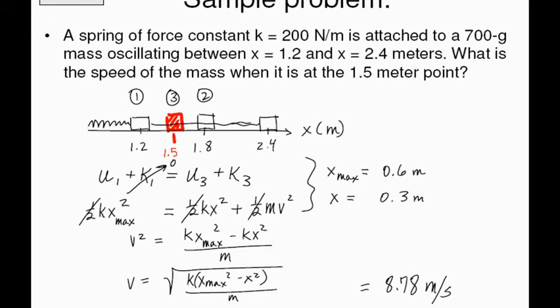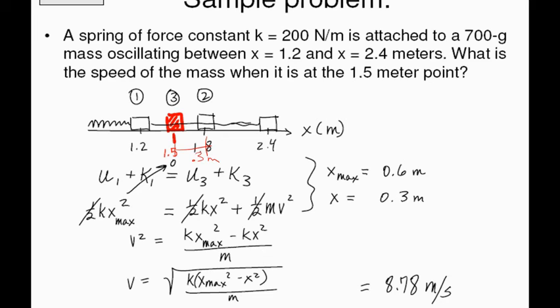Okay. A spring of force constant k equals 200 newtons per meter is attached to a 700 gram oscillating mass going between 1.2 and 2.4. What's the speed when you're at the 1.5 meter point? Well, at 1.5, you need to figure out what's your displacement from your equilibrium. Your displacement is 0.3 meters.